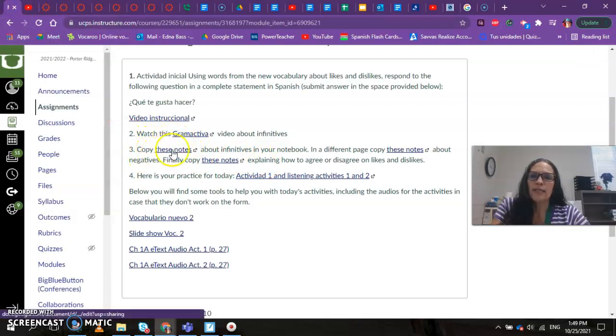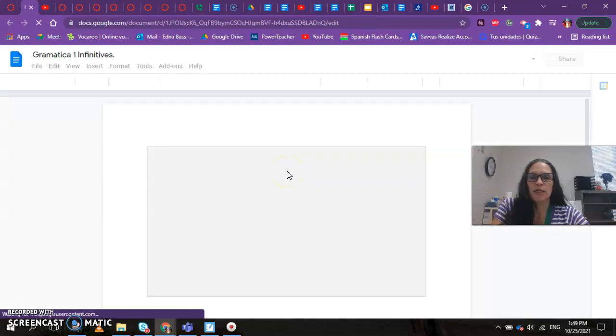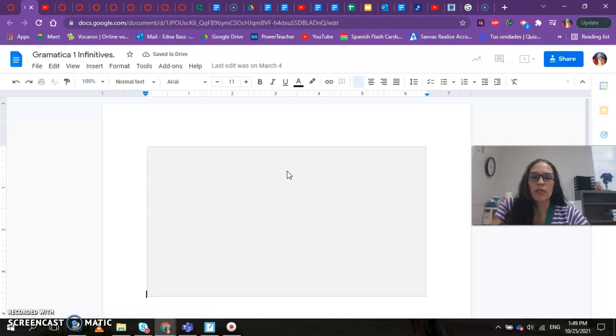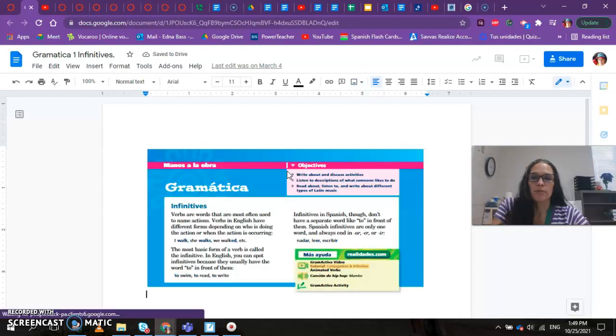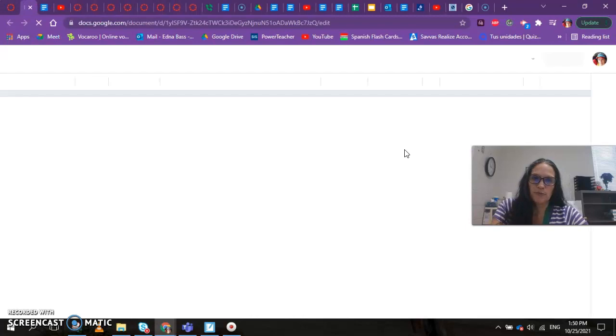Once you do that, you're going to copy this note. I put some notes here. So your first notes, you copy these notes in your notebook right here. Then once you finish in a different paper, you're going to copy these other notes.